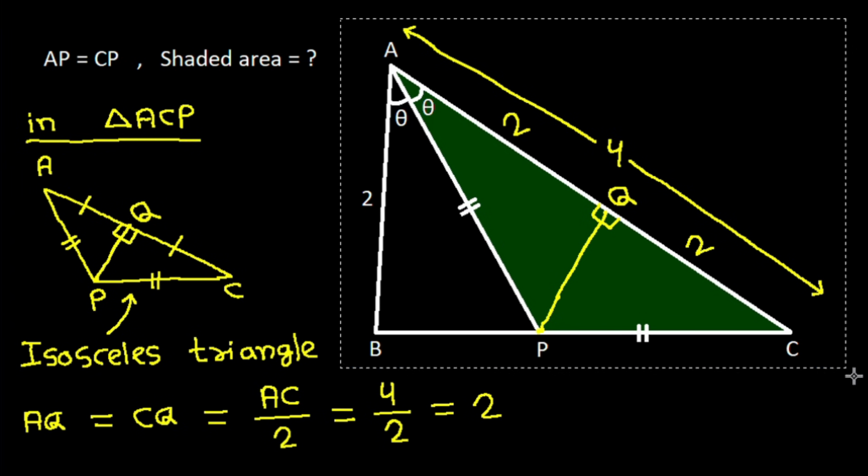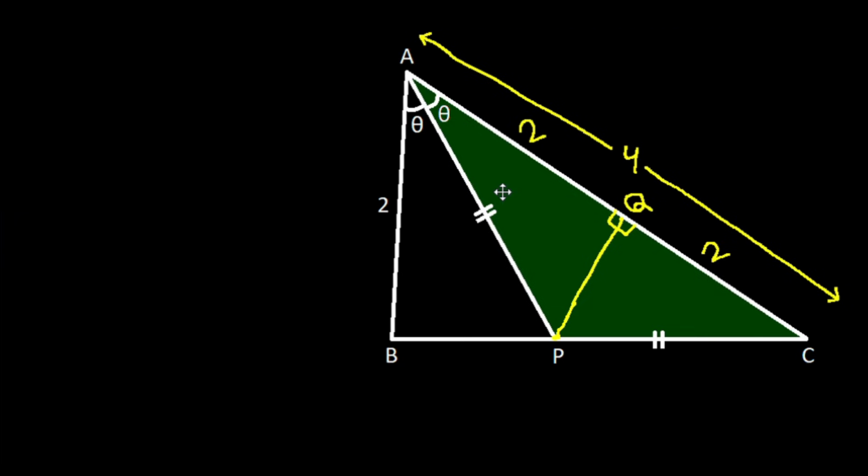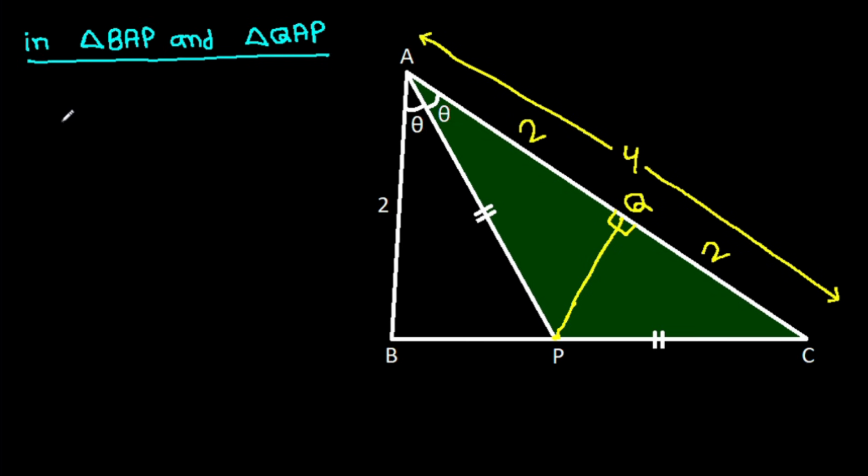Now in triangle BAP and triangle QAP, BA is equal to QA, that is 2.